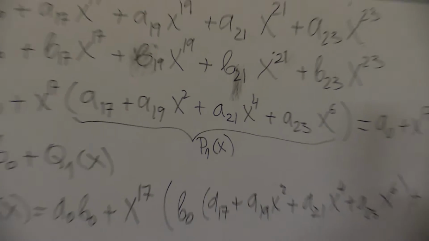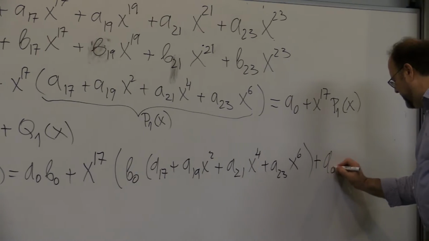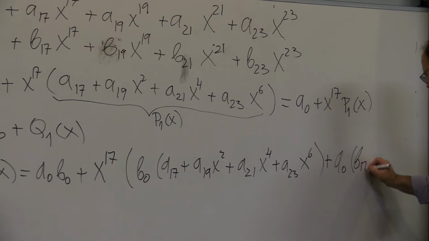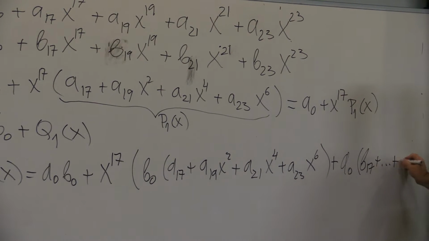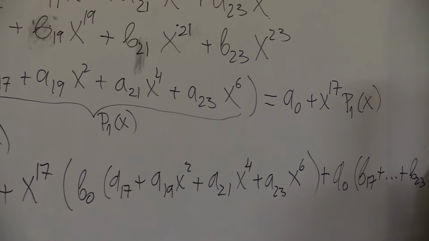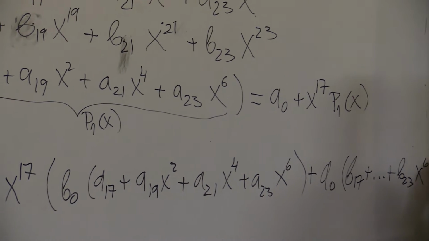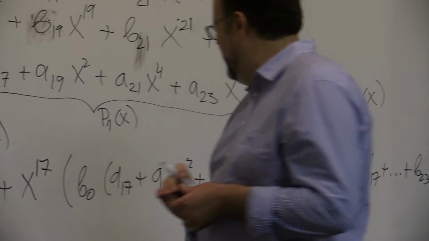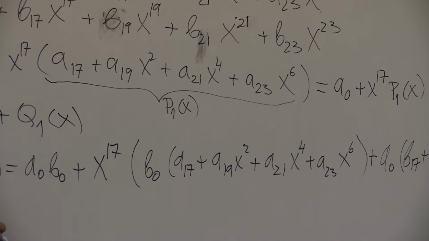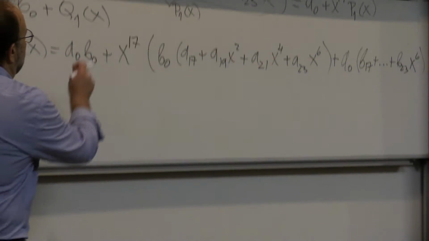Plus, and then the same, but with the exchanged roles of A and B. So it will be A0, and then we have B17 plus, you know what's here, plus B23 x to the 6th. So now how many multiplications do we need to execute this?